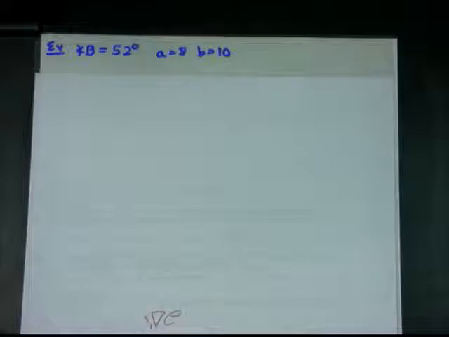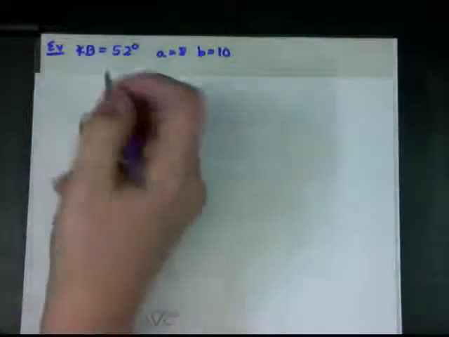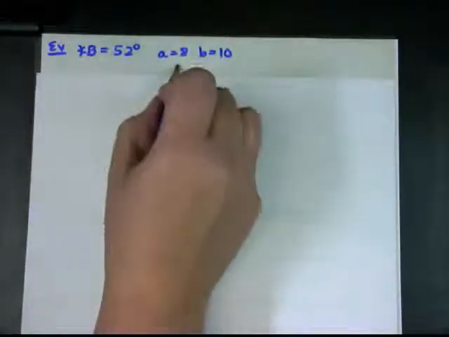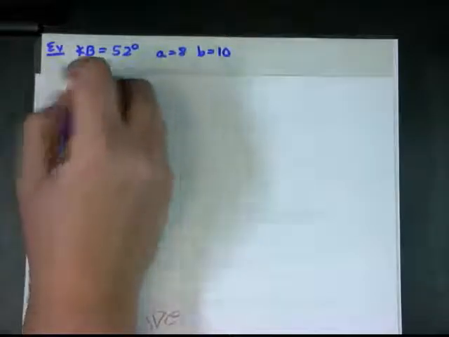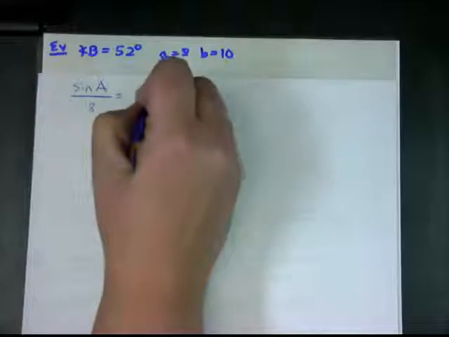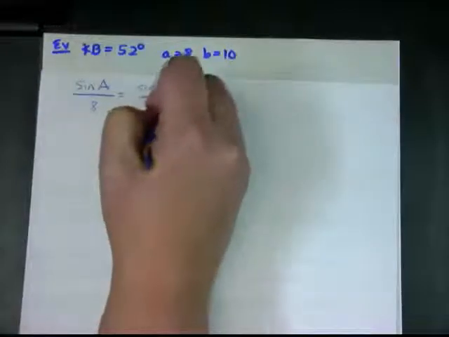Well, we're always going to assume there are two. So I'm going to go through the law of sines just like any other normal problem. I know angle B and side B, so I want to find angle A since that's the side given to me. So sine of angle A over 8 is sine of 52 over 10.